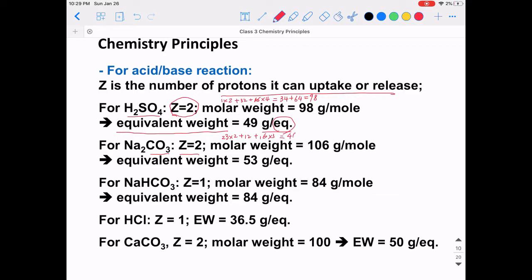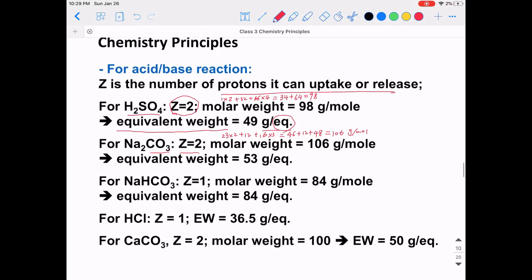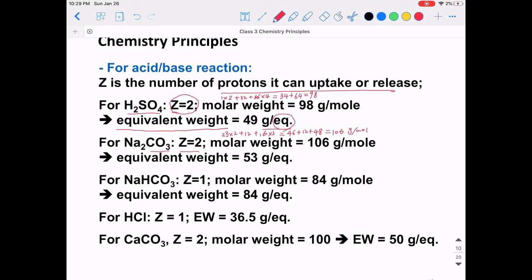So you have 46 plus 12 plus 48. So this is going to give us 106 gram per mole. And since the Z is equal to 2, the equivalent weight for the sodium carbonate is going to be 53, which is 106 divided by 2.